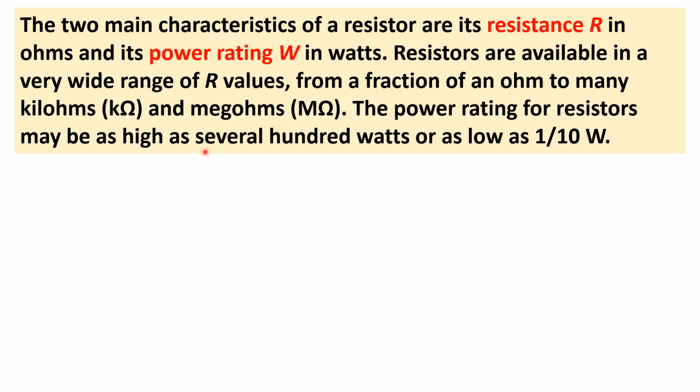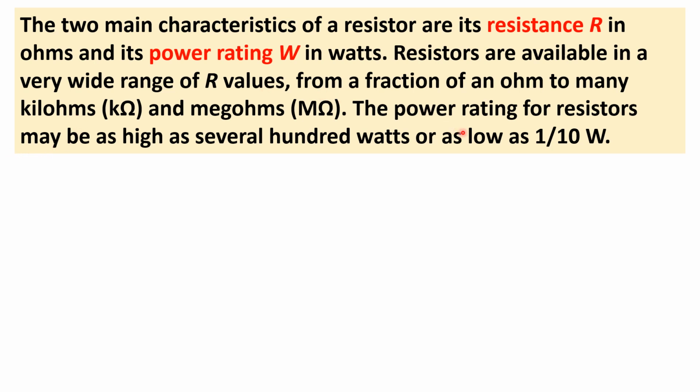Resistors are available in a very wide range of R values, from a fraction of an ohm to many kilo ohms and megohms. The abbreviation capital M with that ohm symbol is read as megohms, shortcut for mega ohms. That's also true for kiloohms, shortcut for kilo ohms.